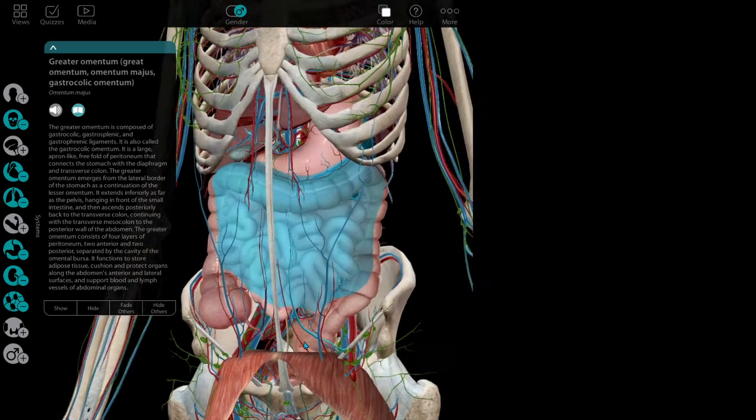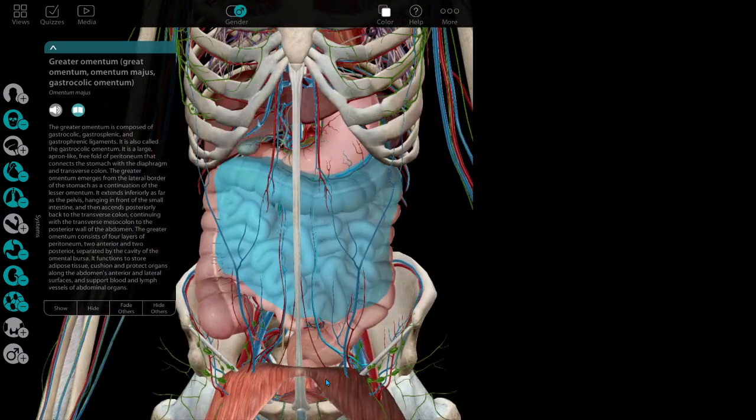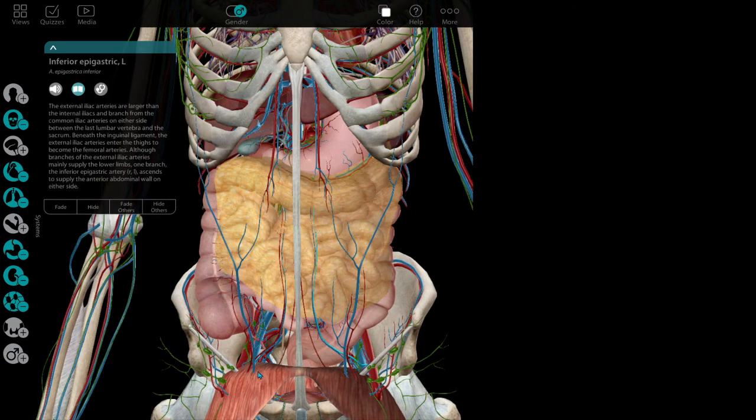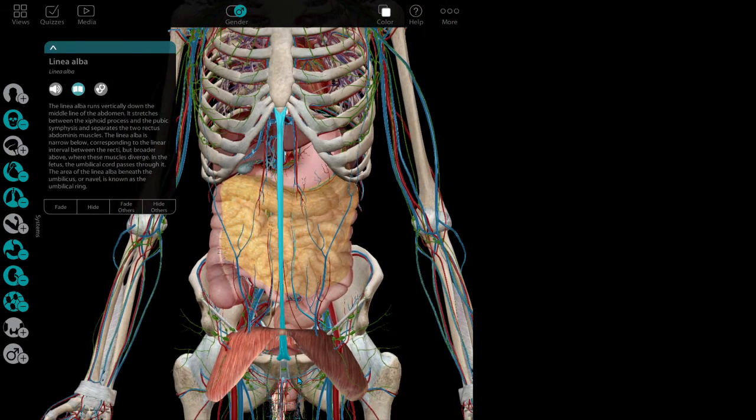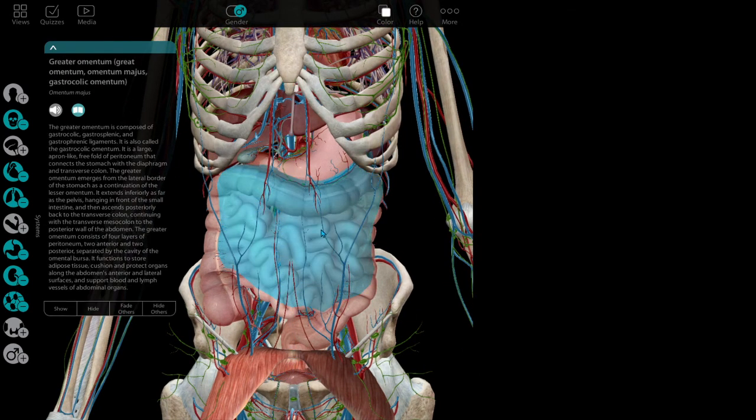Ang primary function sa imong omentum is this. Naga protect ni sa internal organs, especially na kada mga wounds or external wounds o kanang dunggabon ka whatever.